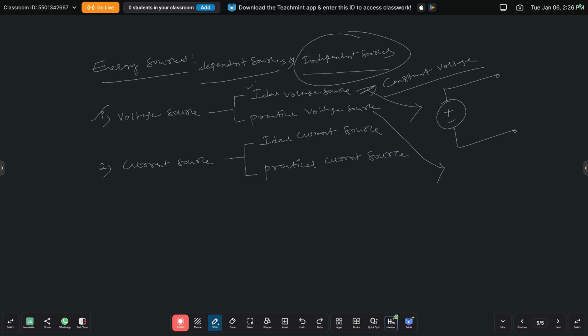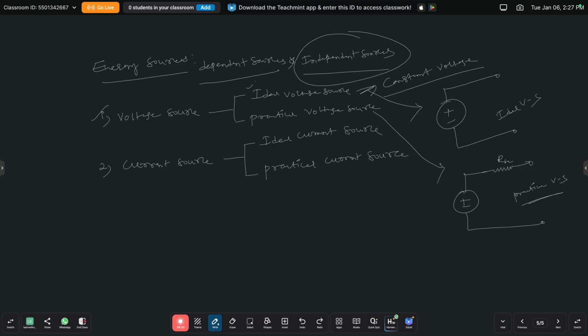This is the series resistance connected in series with the voltage source. So this is the symbol for the ideal voltage source, and this is the symbol for the practical voltage source.